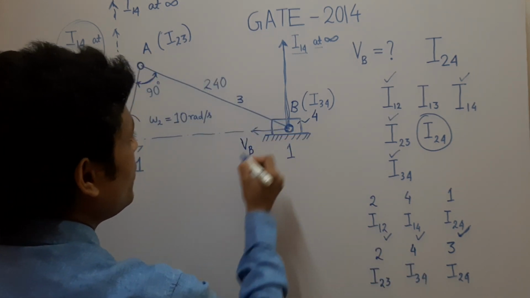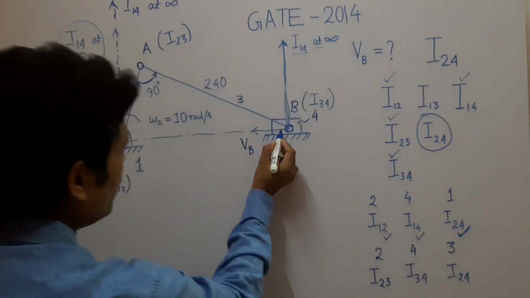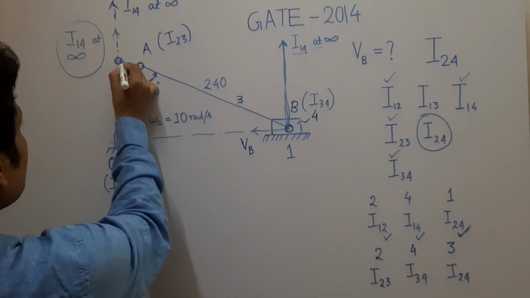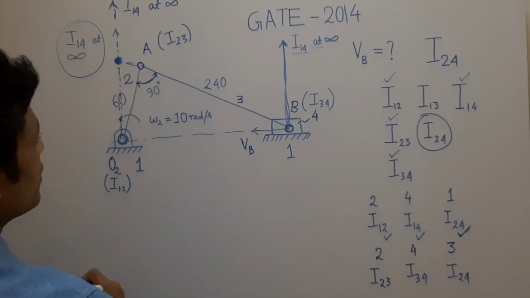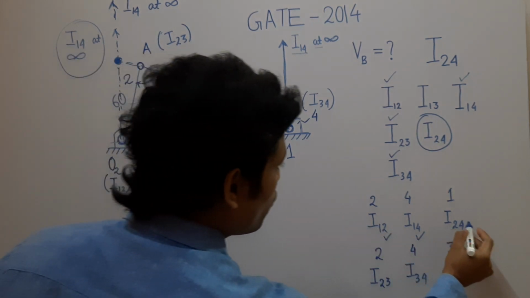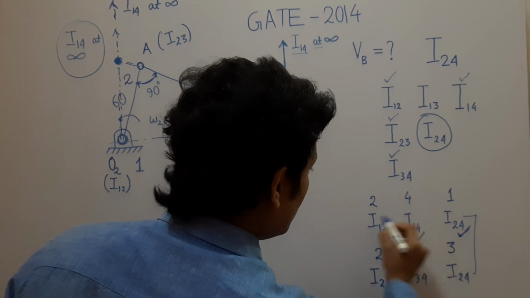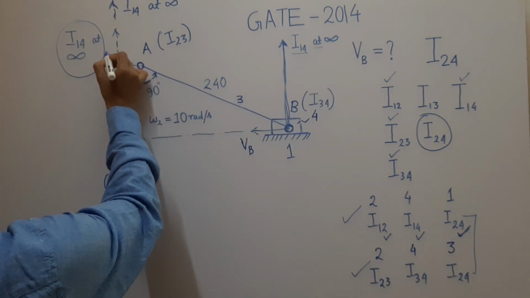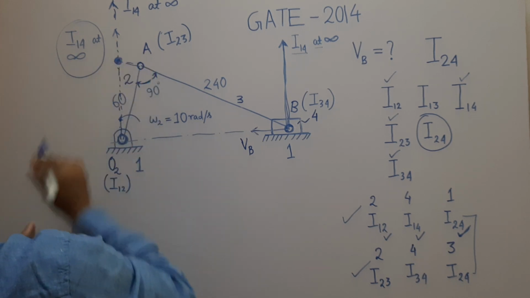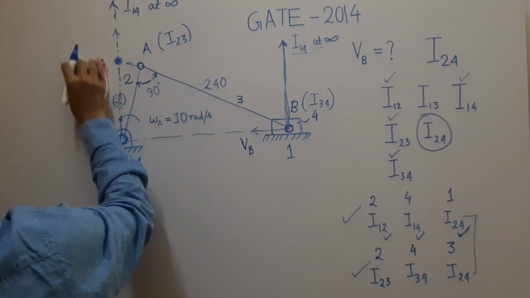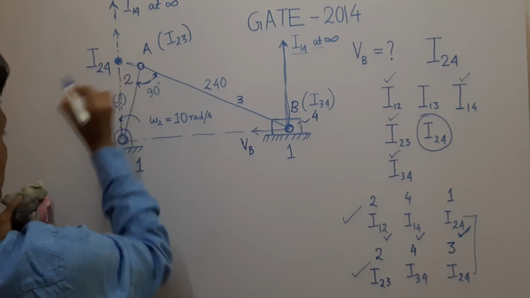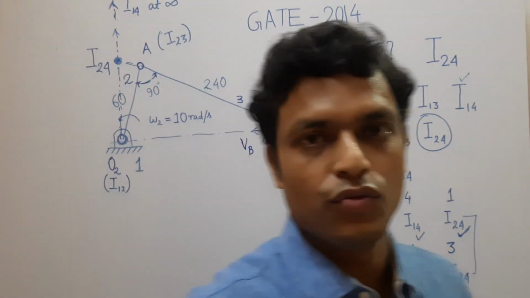This is I34, B. And I24 will also lie on this line. If I extend this, it intersects at this point. And as I24 lies on this line and this line also, this is the position of I24. Let me write here: this is I24. So we have located I24 here.